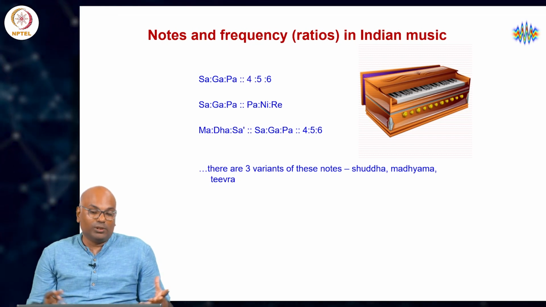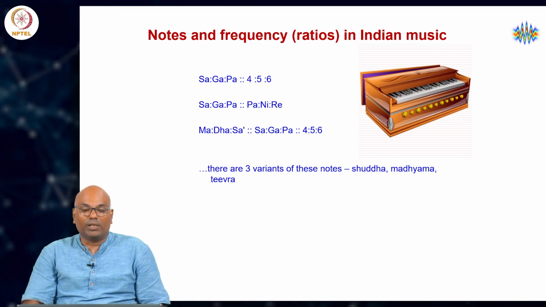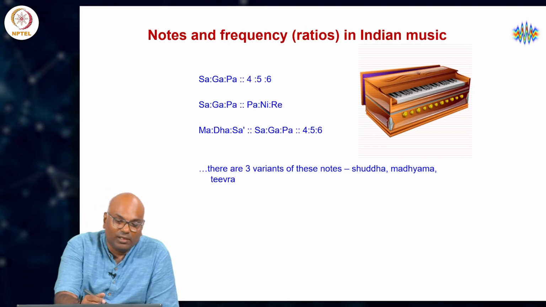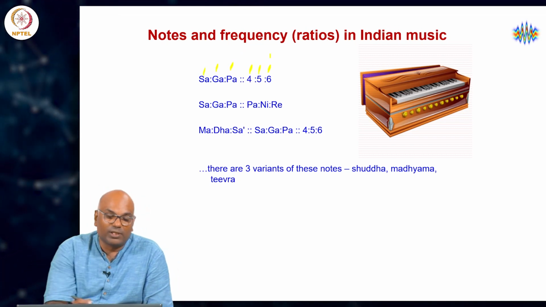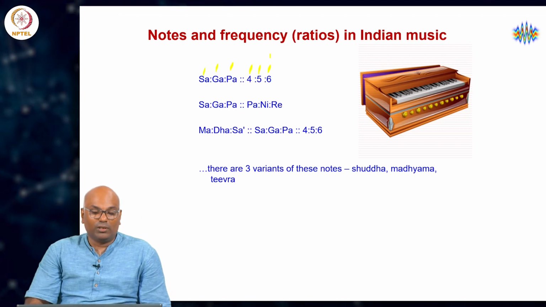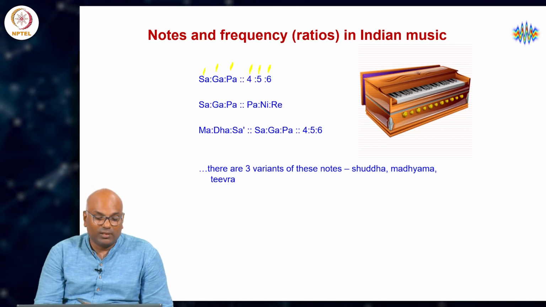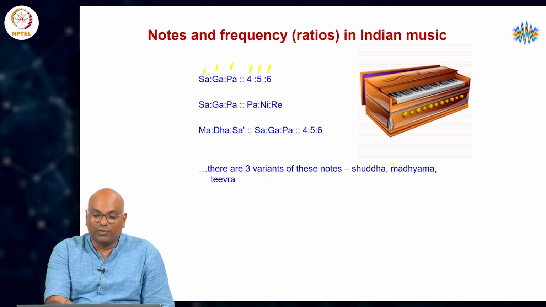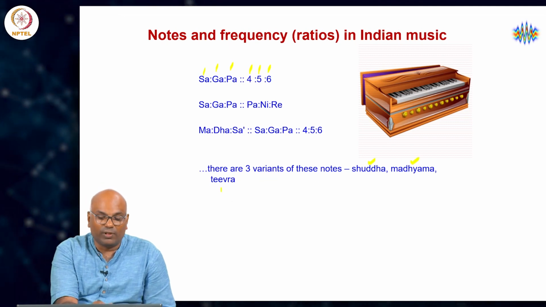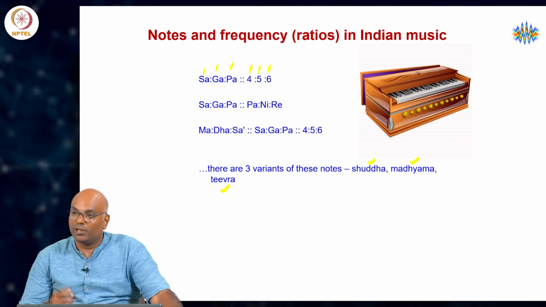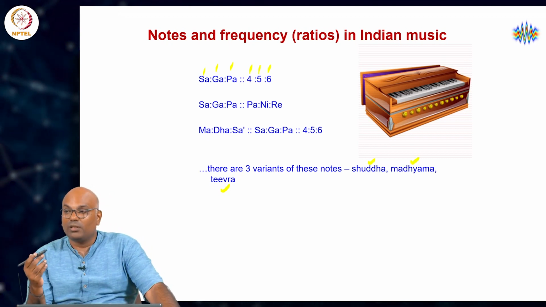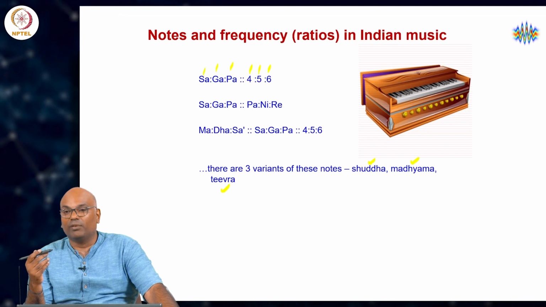So, also the notes of Indian music, their frequencies are related in ratios. If it's sa ga pa, it's 4:5:6, right, and so on and so forth, right. And there are 3 variants of each of these notes which are well codified and documented, right, and so on and so forth. Every musical school or system has all this very well worked out.